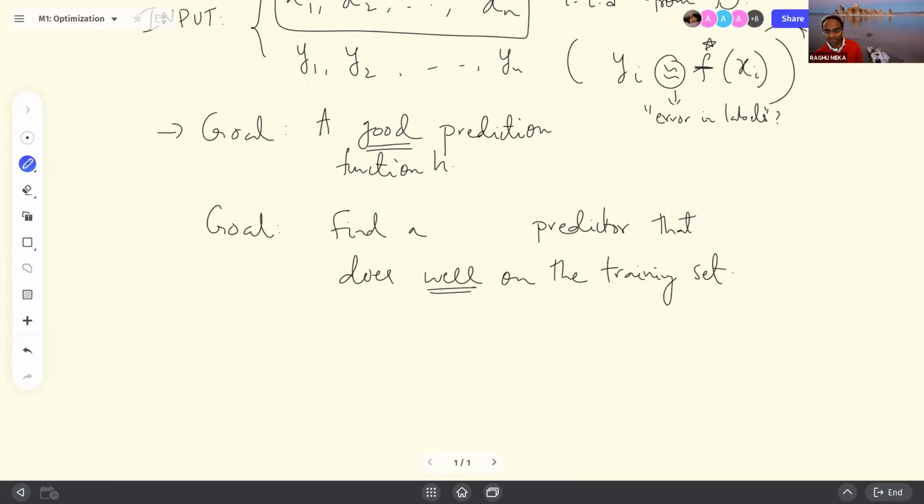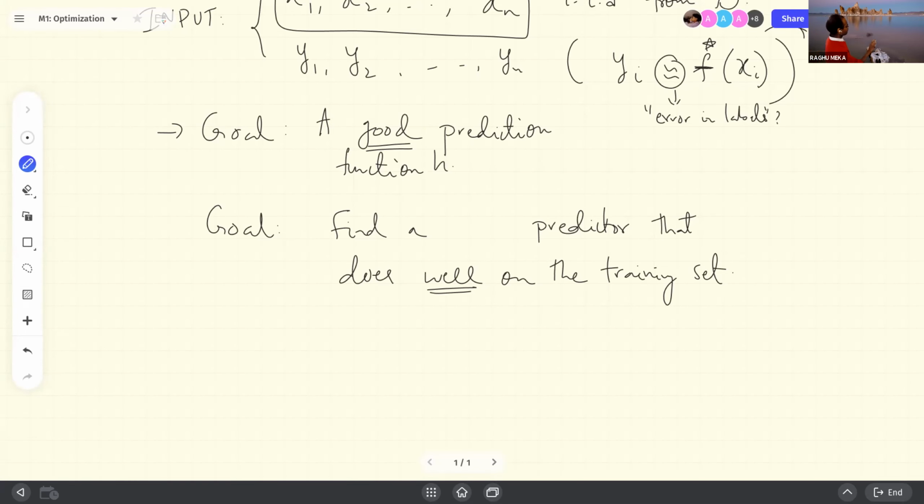So we can measure how close my prediction is, the quality of my prediction to the label. This is especially important when we anticipate some noise in my labels. If my dataset itself can have some errors, I should also allow for some errors in prediction. Otherwise, I will be overfitting and things like that.